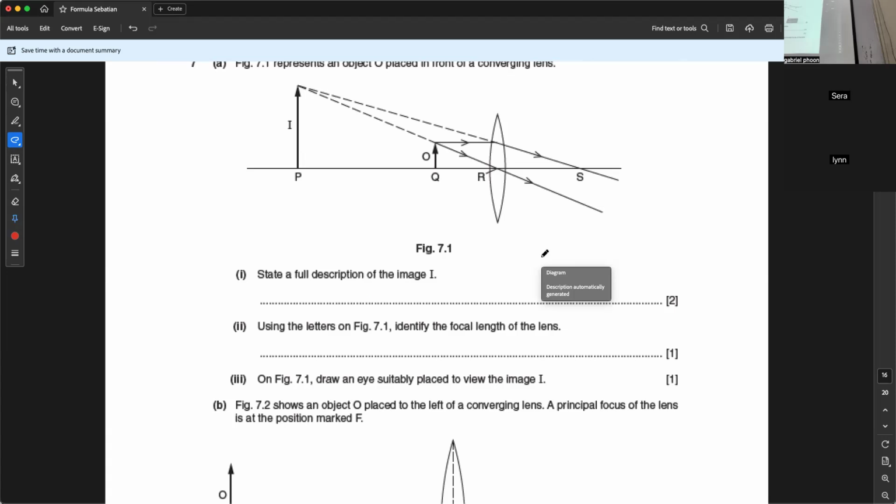So where would the focal length be? On the S, good, excellent. So I measure this. What do I measure? R to S.